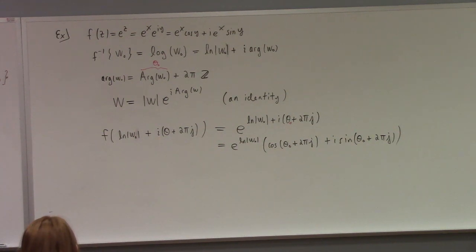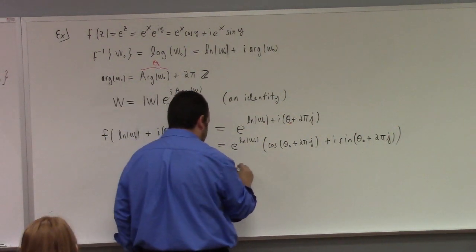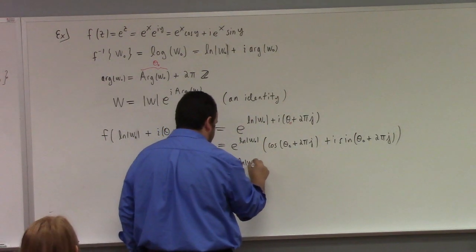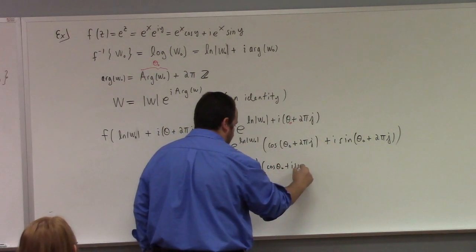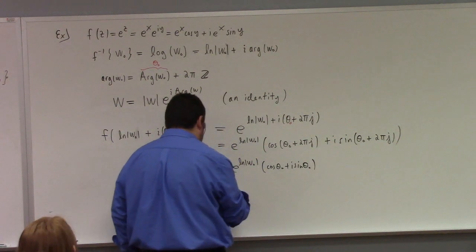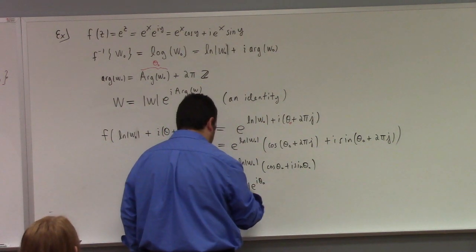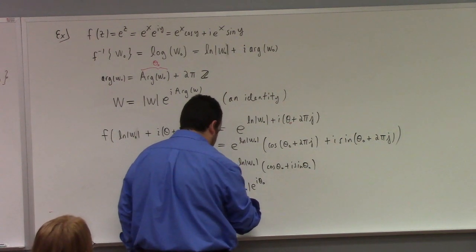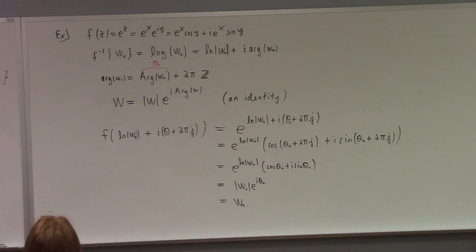Because of the 2 pi periodicity of sine and cosine. And so here we've got e to the natural log of the modulus of w naught, cosine theta naught plus i sine theta naught, which is, by the way, the modulus of w naught e to the i theta naught, which is to say that it's w naught.